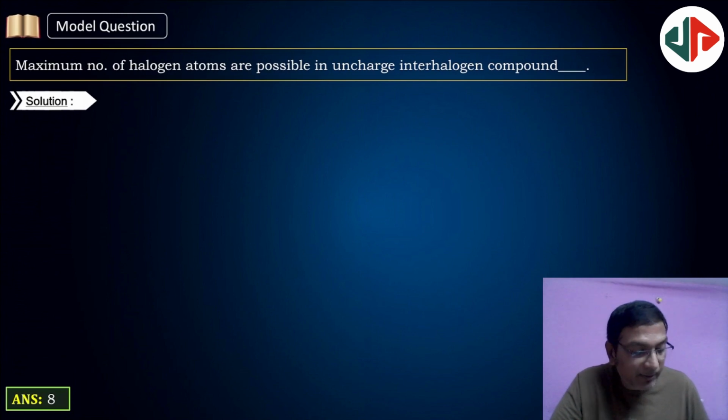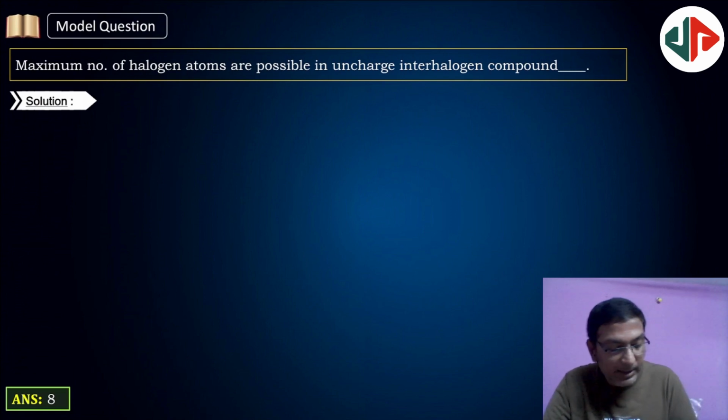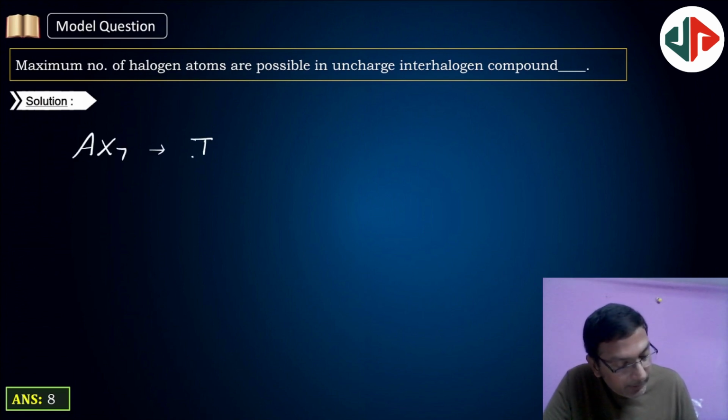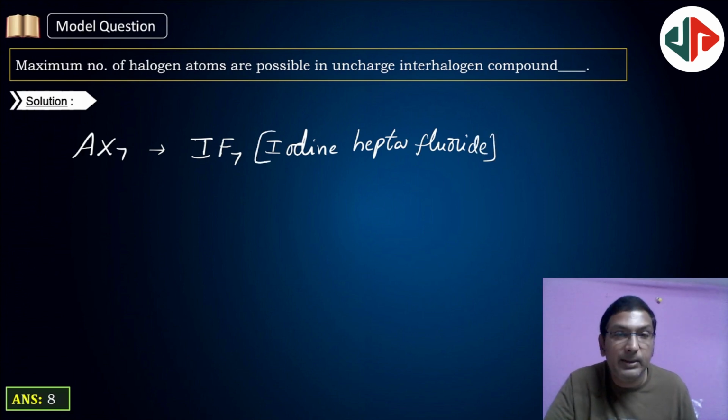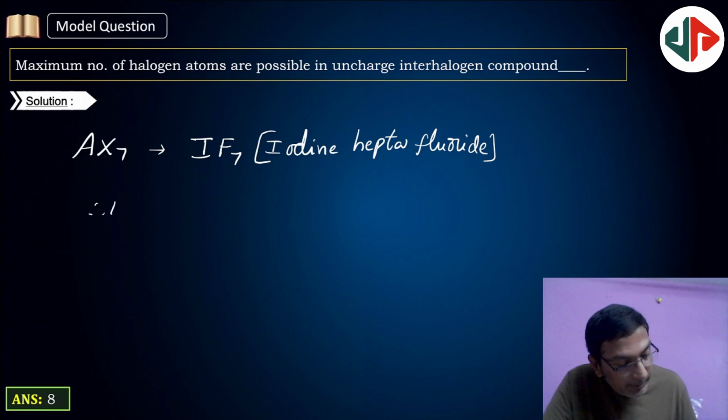So the maximum number of halogen atoms possible in an uncharged interhalogen compound. So that is the AX7 form, which is IF7, iodine heptafluoride. This is an interhalogen compound, one type. So therefore number of halogens 1 plus 7 equal to 8.